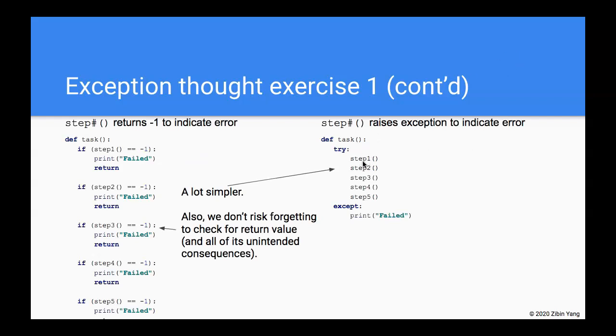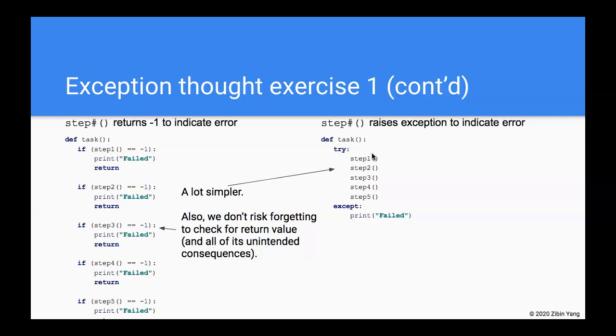Well, it will look a lot simpler, right? Because we can just do step 1, 2, 3, 4, 5 without having to check what it returns, because it doesn't return a -1 to report an error anymore, right?